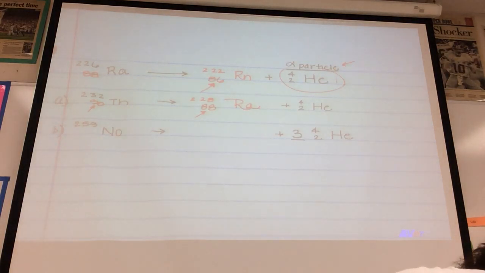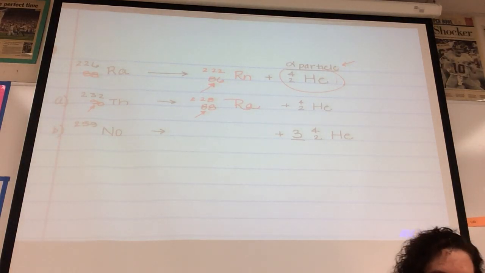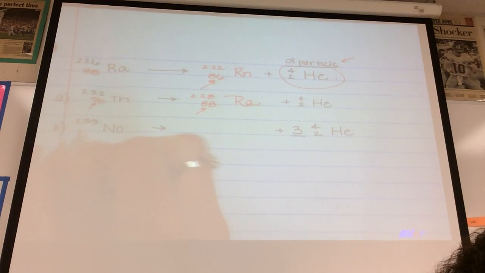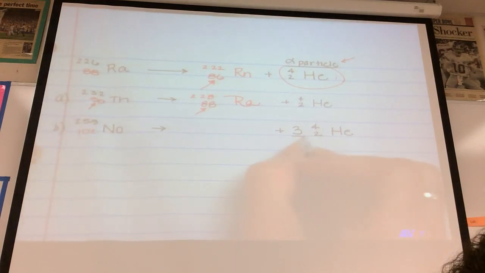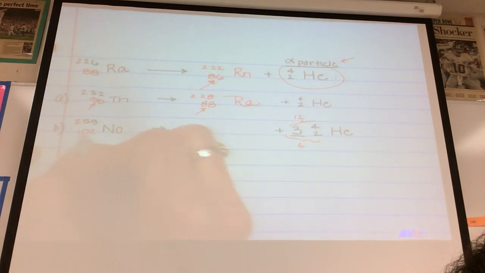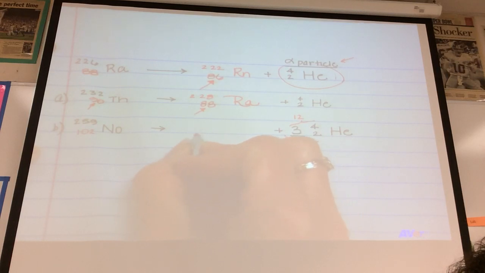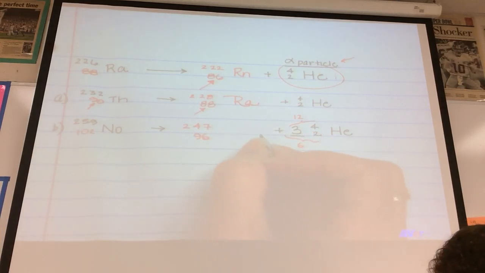So what is the atomic number of nobelium? 102. 102 is correct. Now just be careful with the math here. 3 times 2 is? And 3 times 4 is? So 102 minus 6 is? And 259 minus 12 is? How do we get the substance?